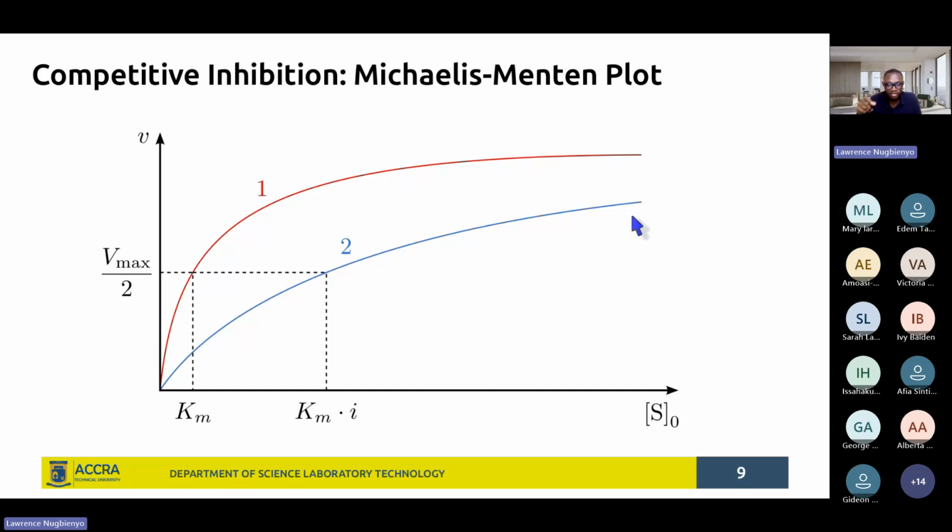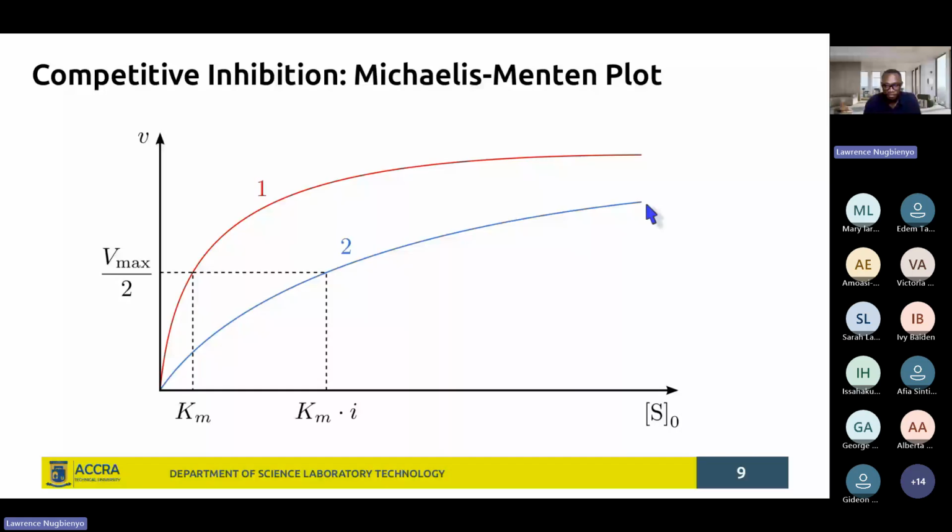We talked about this before, that you have a competitive inhibitor in the reaction mixture, because it is binding to the active center. If you introduce more substrate molecules into the system, if you increase the concentration of the substrate, you increase the probability of the substrate molecules binding to the active center.